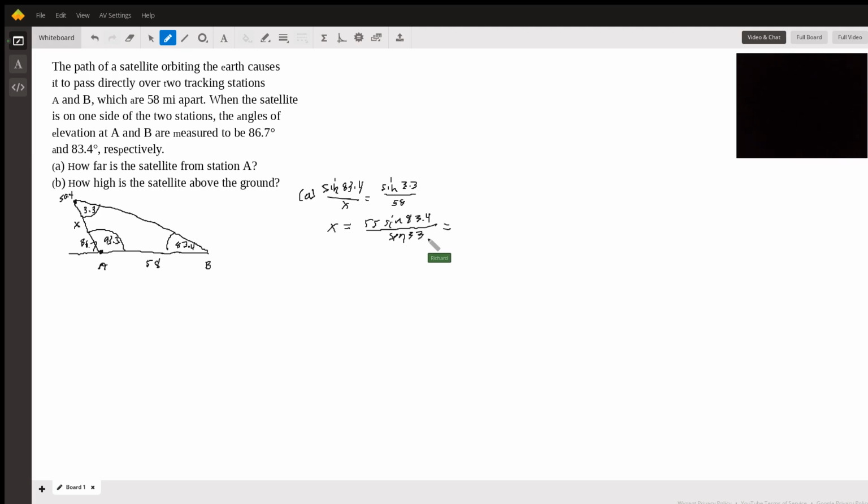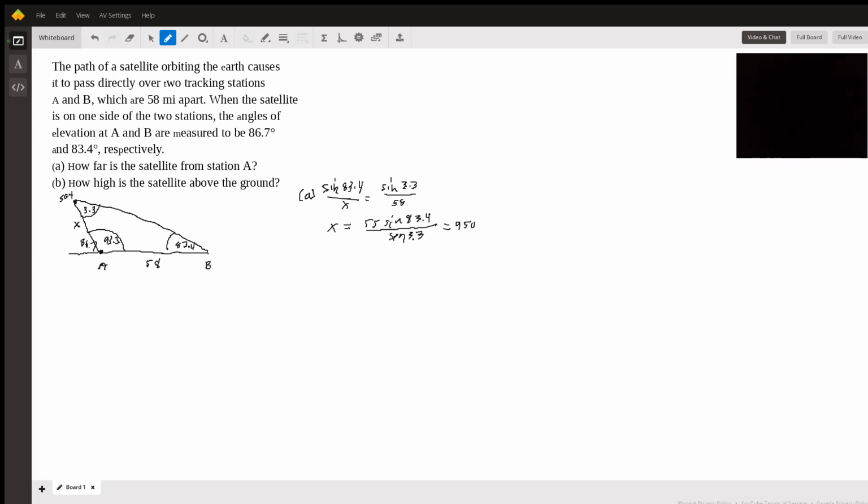Sorry, that point didn't come out very well. Sine 3.3, and my calculator gives me 950. So hopefully I did that right. It looks right to me.